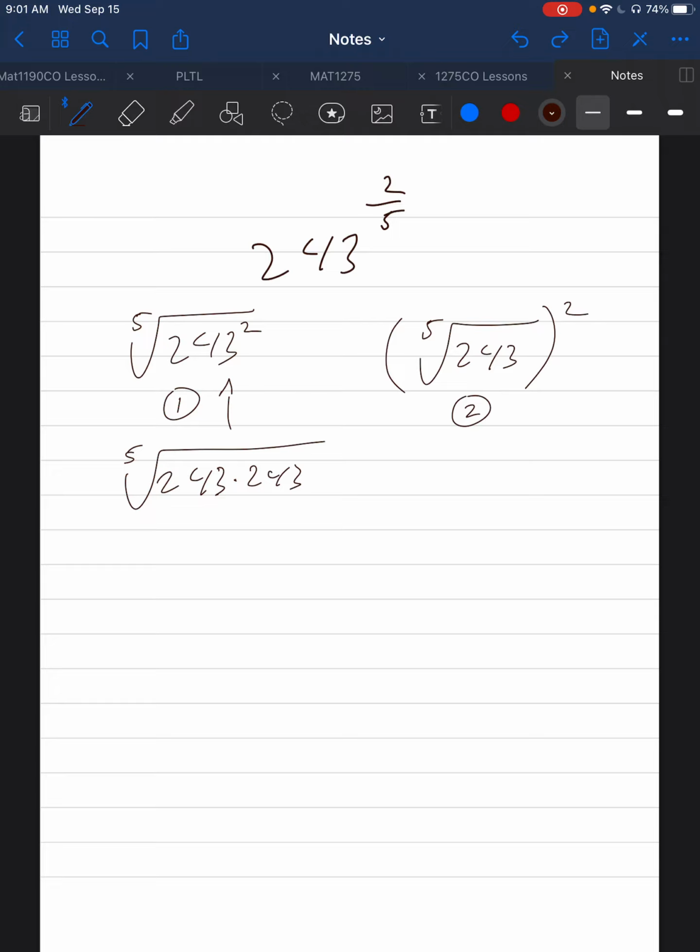So which one looks like it's easier? Right? I mean, 243 is a very large number, and taking the 5th root of that very large number seems quite difficult. So what if we took the 5th root of 243?